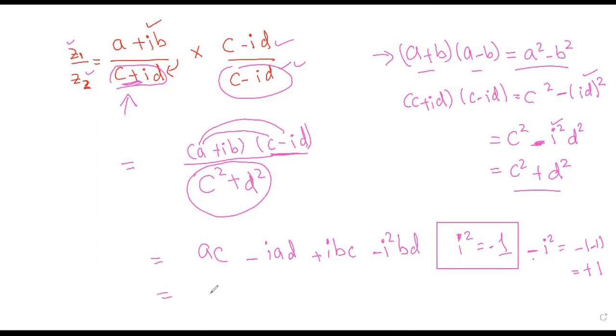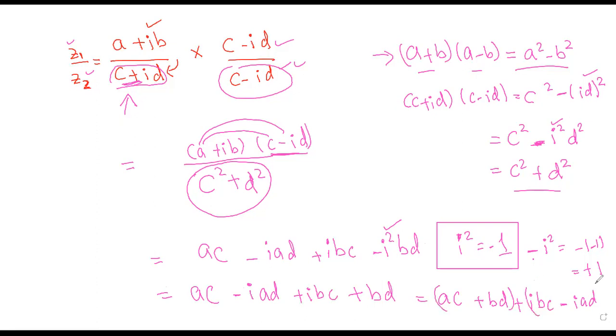So this would be ac minus iota ad plus iota bc. Iota square is minus 1, so this would become plus bd. And finally, we can write down the real part together, that is ac plus bd, plus iota bc minus iota ad. Right? So again, this is the real part and this is the complex part, right?